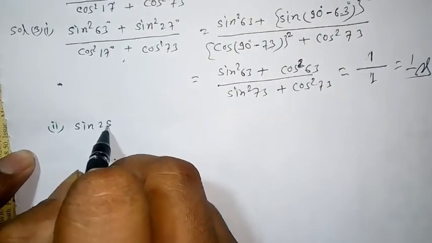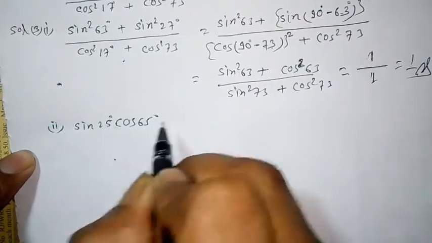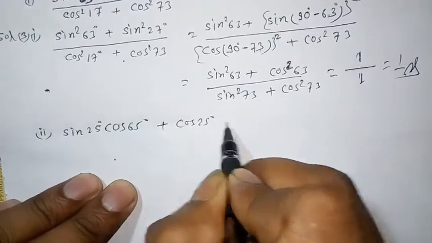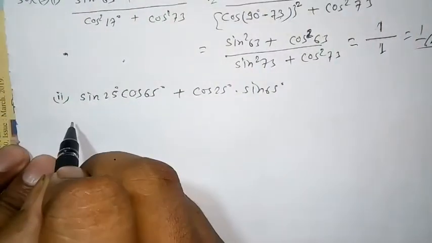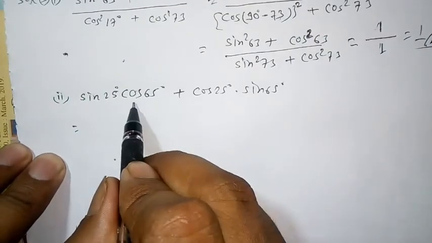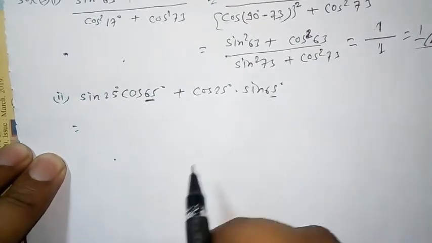sin 25 cos 65 degree plus cos 25 degree sin 65 degree. Now I change the first term to 65 and the second also to 65.